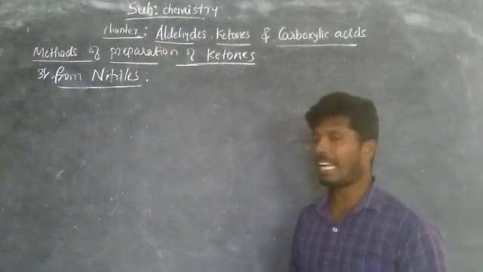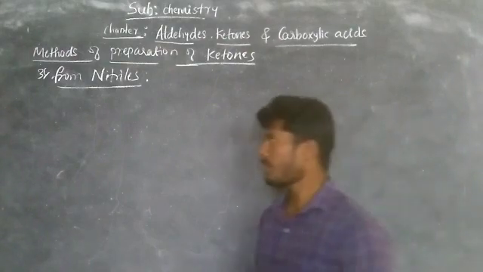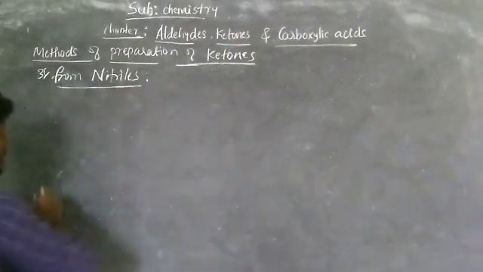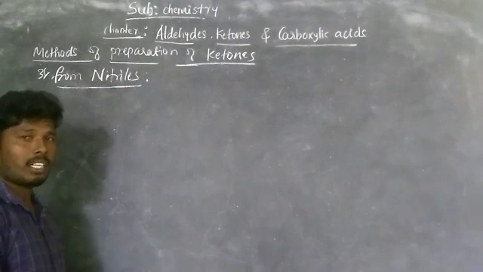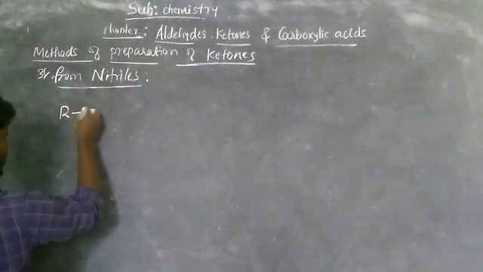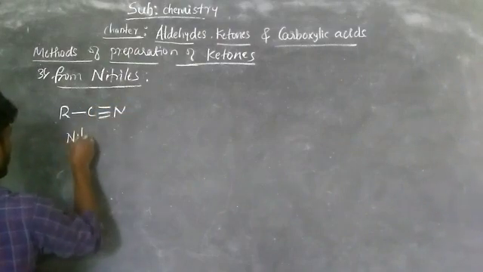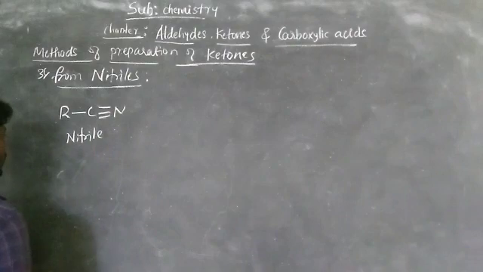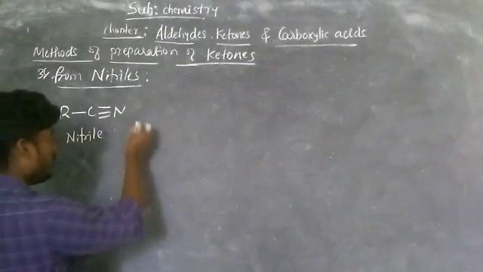So see, already you studied this kind of reaction, and to prepare aldehydes also we have studied it. So in nitriles, or from nitriles, R-C triple bond N, this is the nitrile. This nitrile is treated with the Grignard reagent.